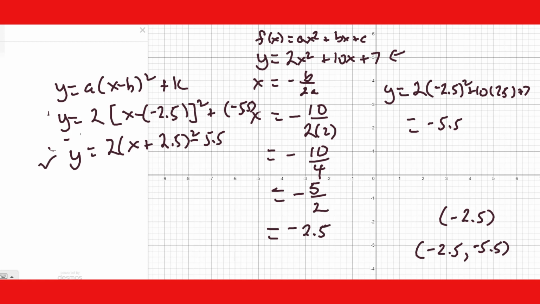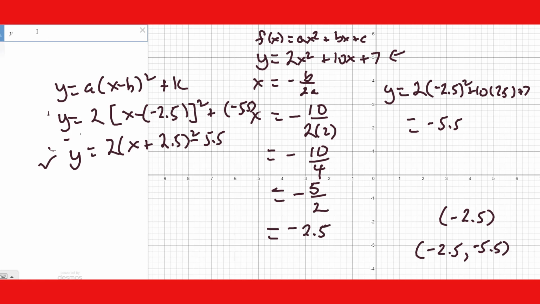So we can go back into vertex form, or now that we have it in standard form, we know that our vertex is at negative 2.5, negative 5.5. Now let's do our checking with Desmos, and let's plug that in.